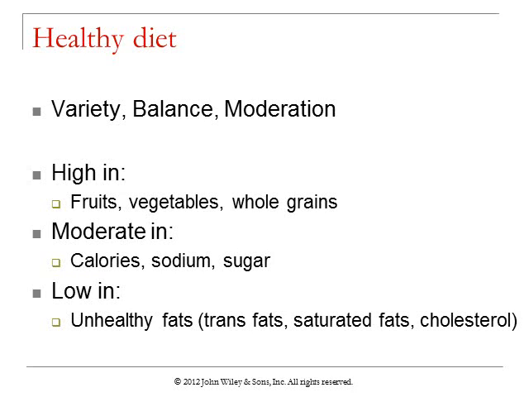Have a moderate amount of calories, so basically watching your calories, make sure there's not too many or too few. Moderate amount of sugar and sodium, so just watching your intake on those things and trying to reduce as much as possible your intake of the unhealthy fats, the trans fatty acids, the saturated fats, and the cholesterol. All of these things are things that we're going to talk about as we continue on through the course.